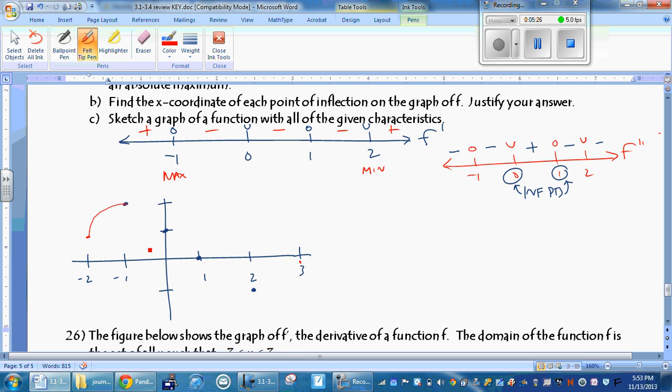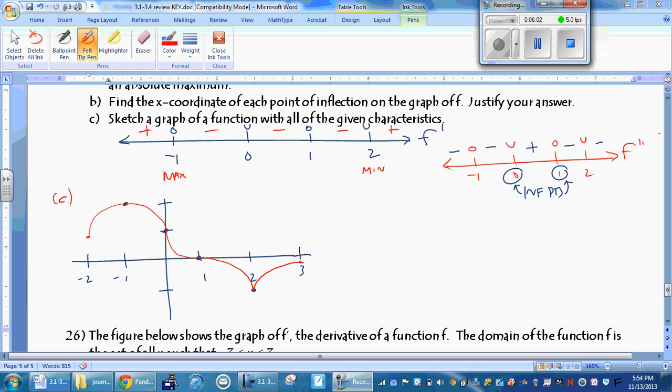Then it's concave down from -1 to 0. Concave up from 0 to 1. Concave down from 1 to 2. And then concave down from 2 to 3. So we do end up with our sharp turn here where the derivative is undefined, and a vertical tangent line here where the derivative was undefined. So that makes sense from what we're seeing in our table here. So this is our graph for part C.